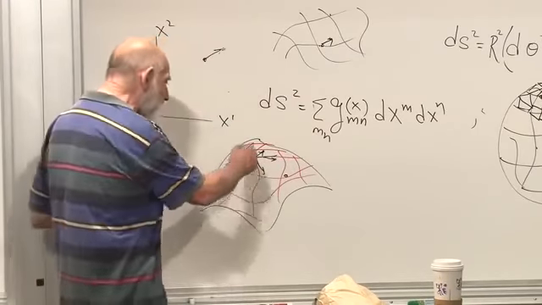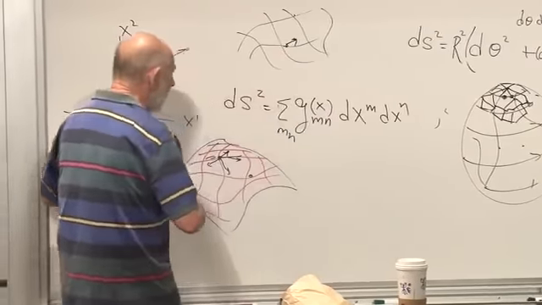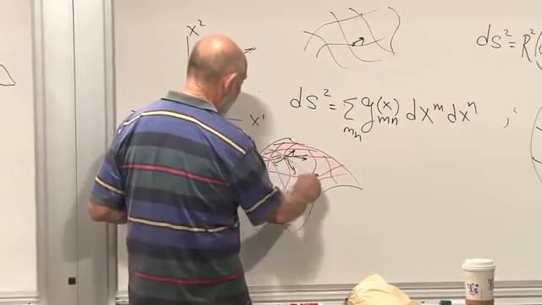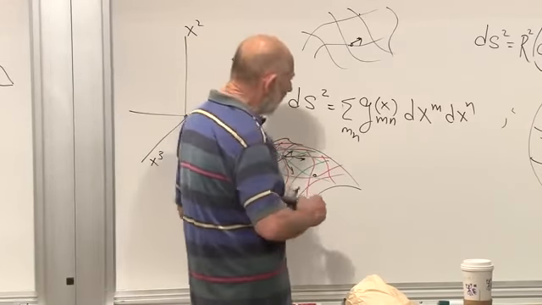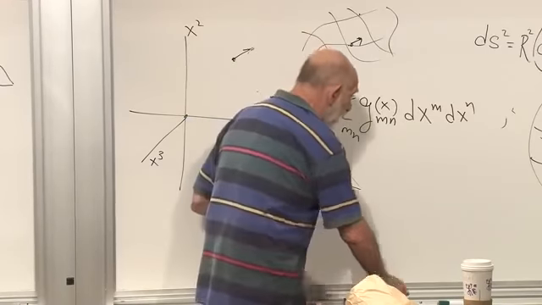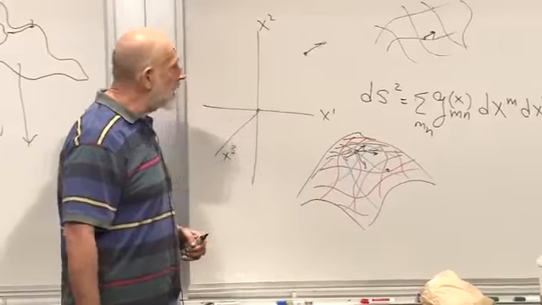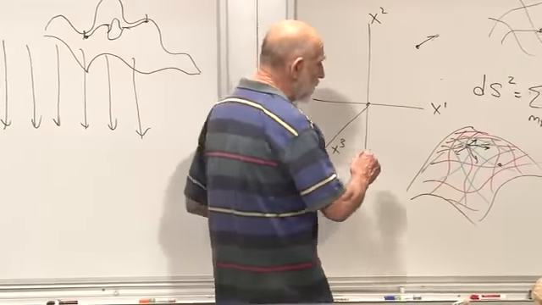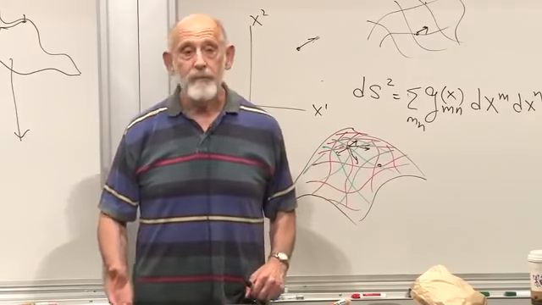Keep in mind, there are many sets of coordinates, and in every set the metric tensor may look different, may have different components. But I give you one set of coordinates and one metric tensor. In effect, I've told you the distance between every pair of neighboring points, and I ask you, is this flat or not flat?